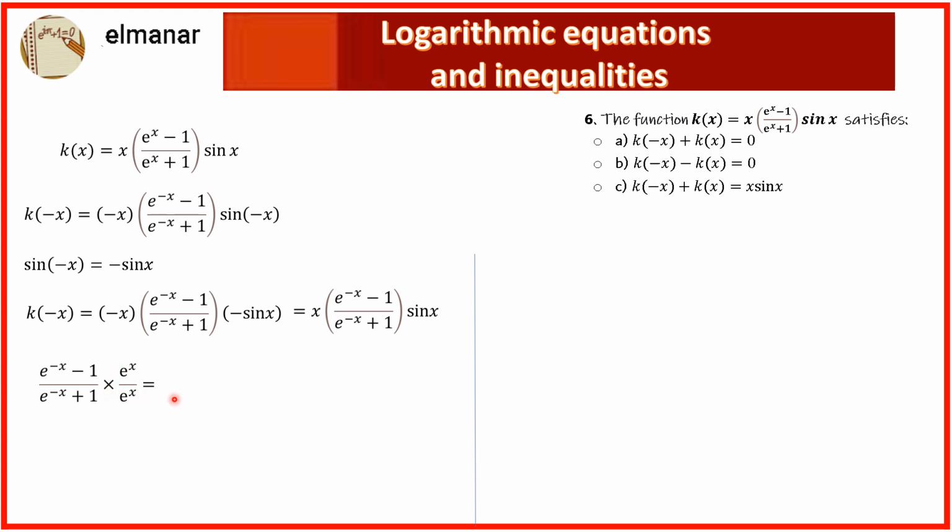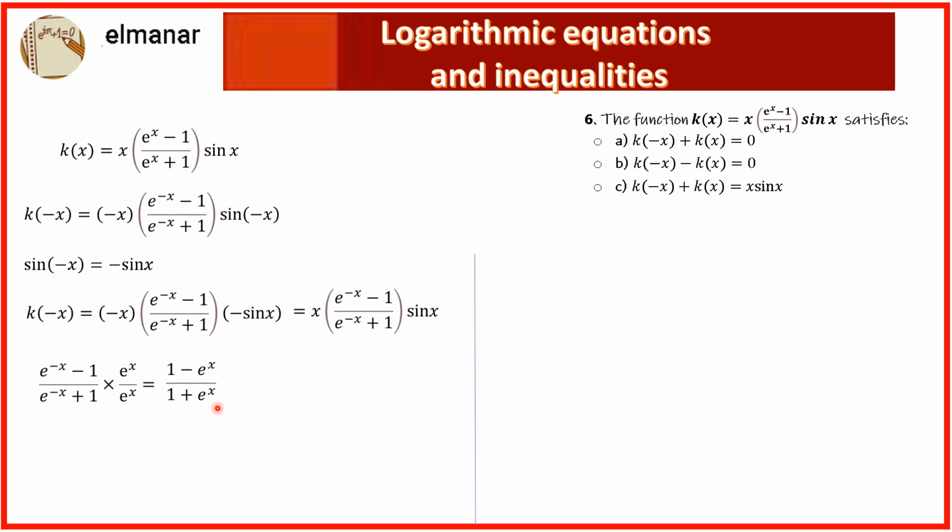It becomes e to the x times e to the negative x is 1, since e to the power of x minus x gives us e to the 0, which is 1, minus, we multiply the 1 by e to the x, which gives us negative e to the x, and on the bottom, e to the negative x plus 1 multiplied by e to the x also gives us 1 plus e to the x.